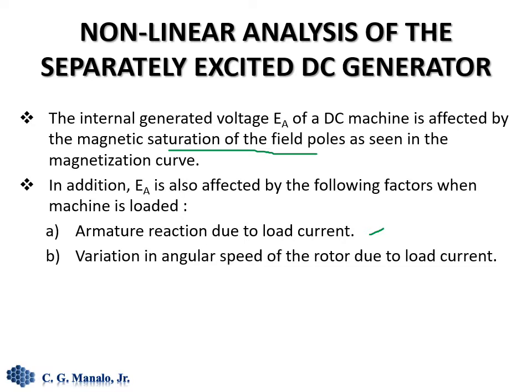There is also the effect of variation in angular speed of the rotor due to the load current. What is meant by this is that the angular speed of the generator usually tends to slow down if the load is becoming large.